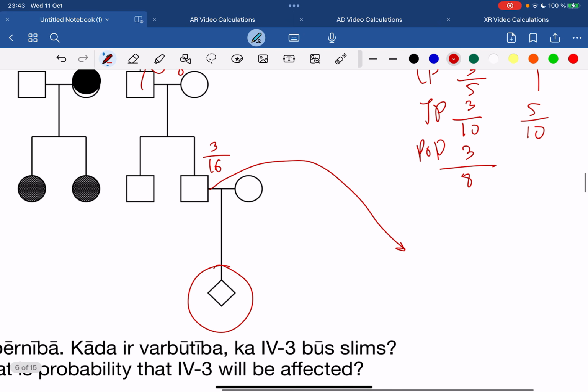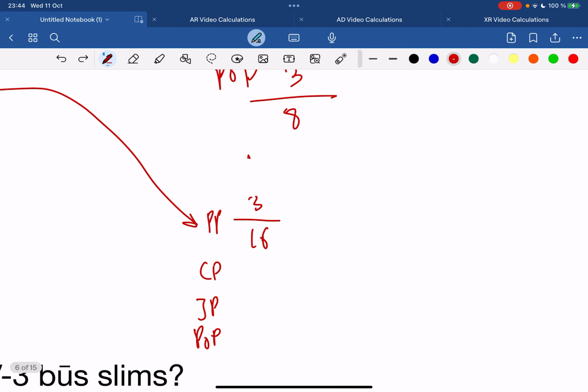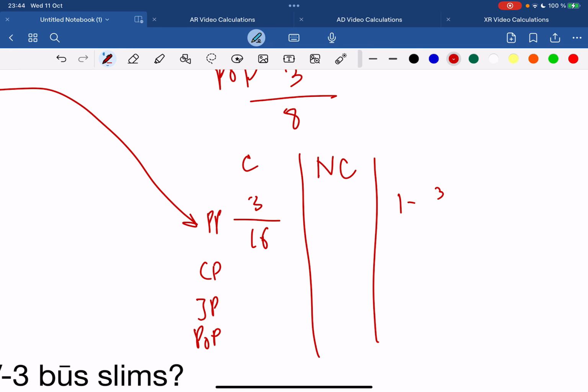So 3 out of 16 for the prior. And for the non-carrier side, you have to take 1 minus the carrier side, so that would be 13 out of 16 here.